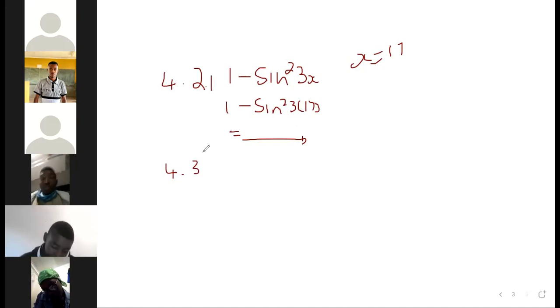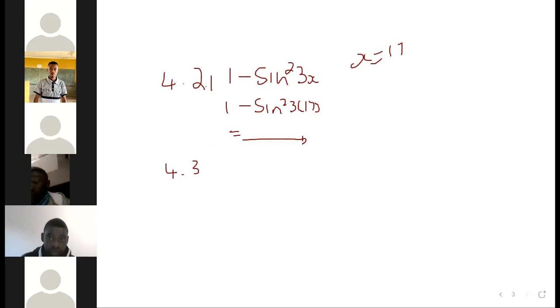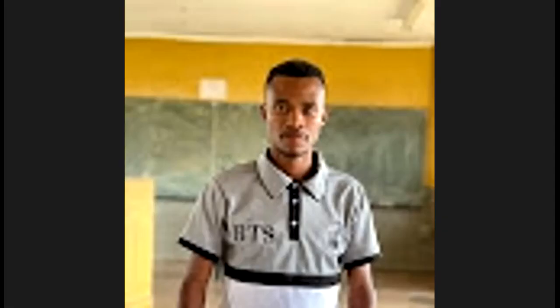This is 4.2.1, and this is 4.2.2. Can I see? Okay. Ranzu says it's 0.74. Who else is getting 0.74?